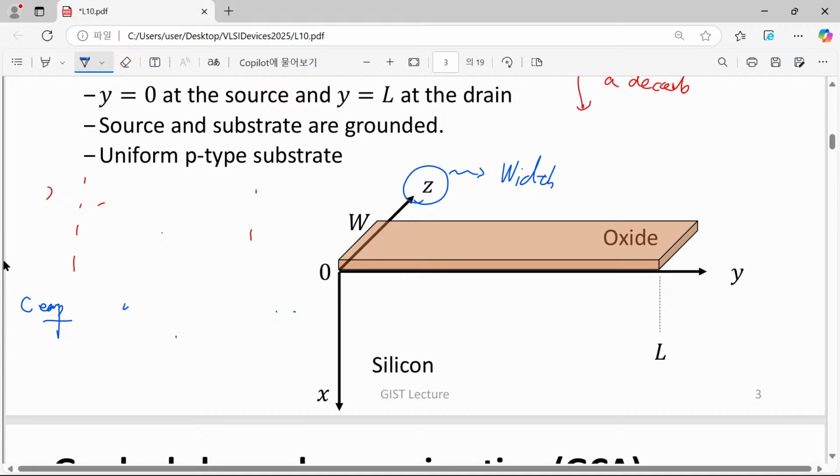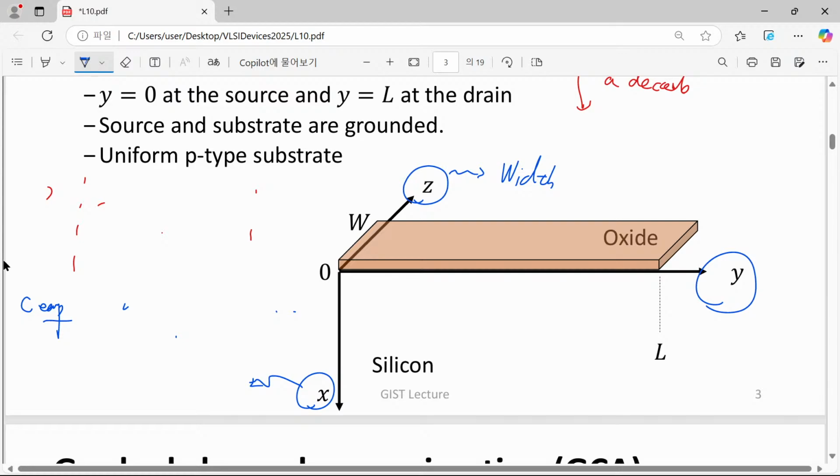Now we have the vertical direction, this is the X direction, and the channel direction is the Y direction. Depending on the literature, sometimes people say that X is the channel direction and Y is the vertical direction, and sometimes people say it this way.